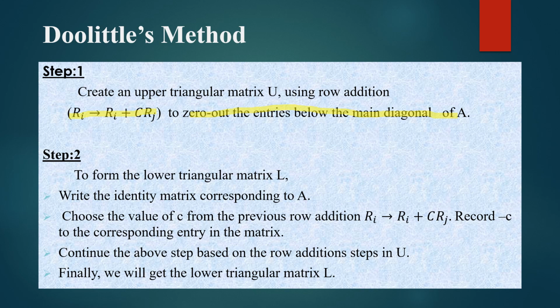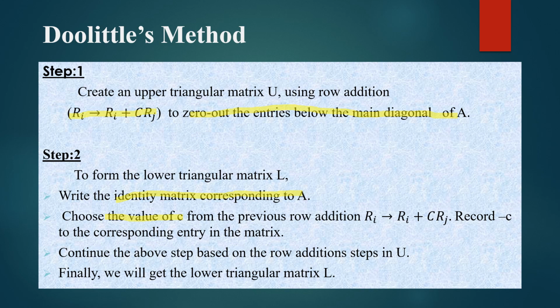For that, you have to write the identity matrix corresponding to the given matrix A. That is, if the question is a 2 by 2 matrix, you have to write the 2 by 2 identity matrix. If a 3 by 3 matrix is the question, you have to write the 3 by 3 identity matrix. Then we have to choose the value of C from the row addition step.